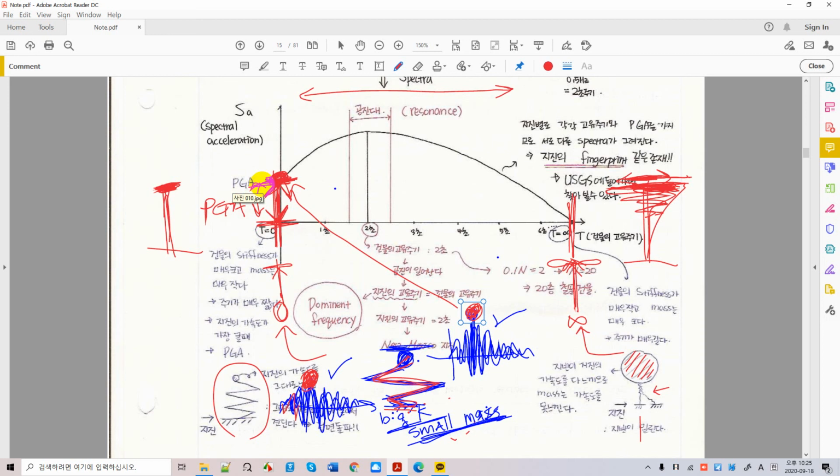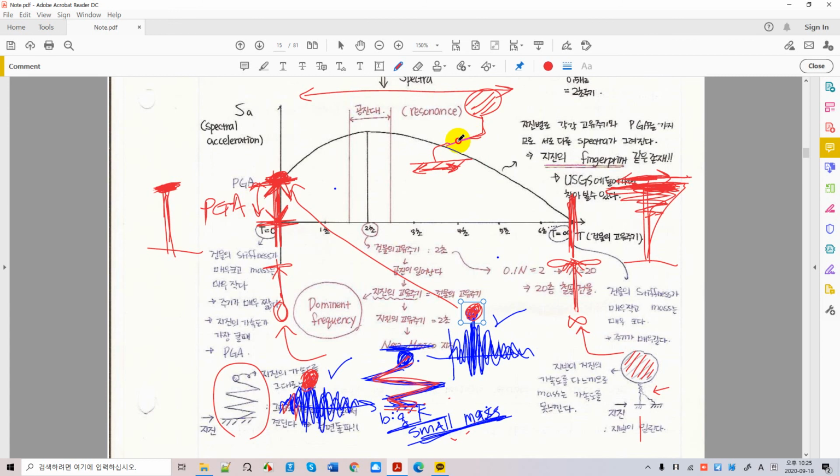Now we'll take a look at the other side of the diagram, where the building is very flexible. When you have a very flexible building with big mass, what happens when the earthquake hits your building? Your building's right here, but your ground moves over there, because your stiffness is very small.